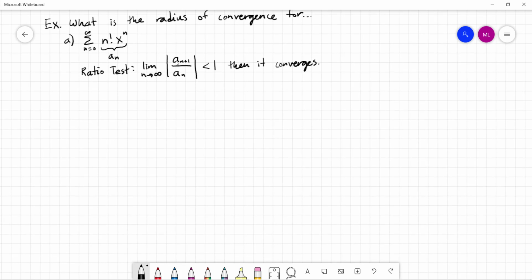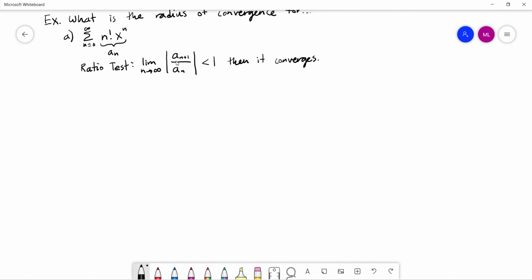So let's take a look at the ratio test for this particular example. For this particular example, our ratio test says that I'm going to take the limit as n goes to infinity of plug in n plus 1 for these. So I'm going to have n plus 1 factorial times x to the n plus 1 power over, on the bottom, n factorial times x to the n. And again, we're taking the absolute value.